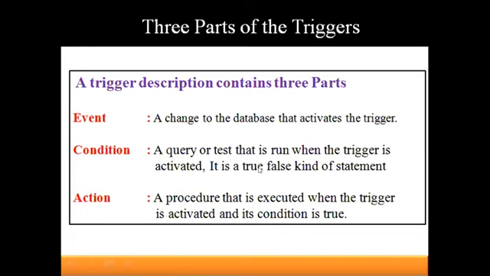It is a true or false kind of statement. Last one is action: a procedure that is executed when the trigger is activated and its condition is true. So these three parts are important in triggers: event, condition, action.